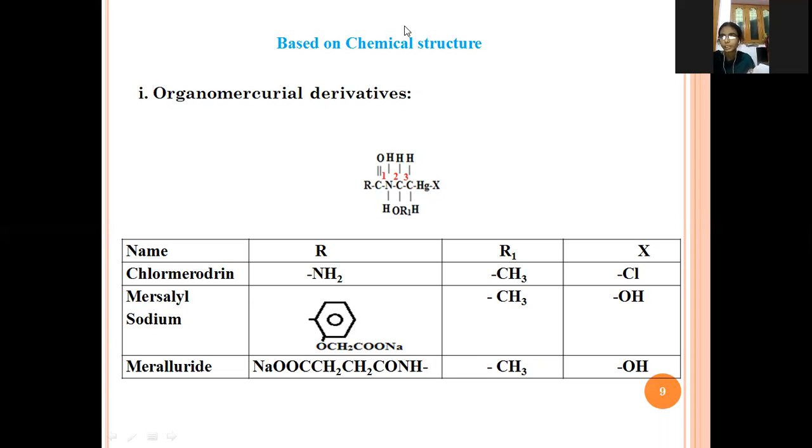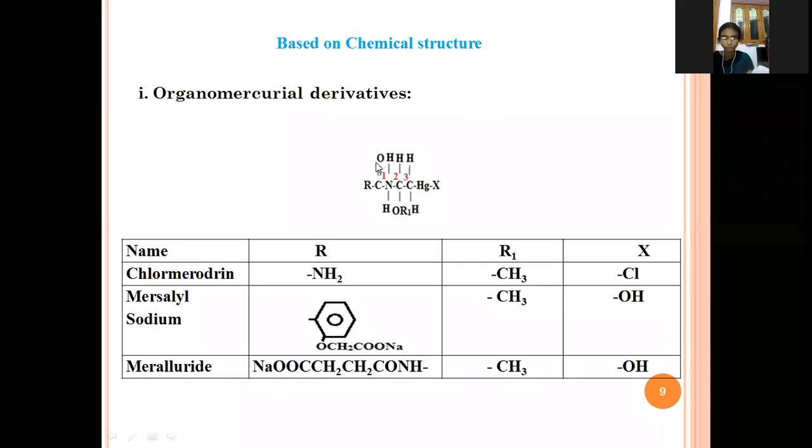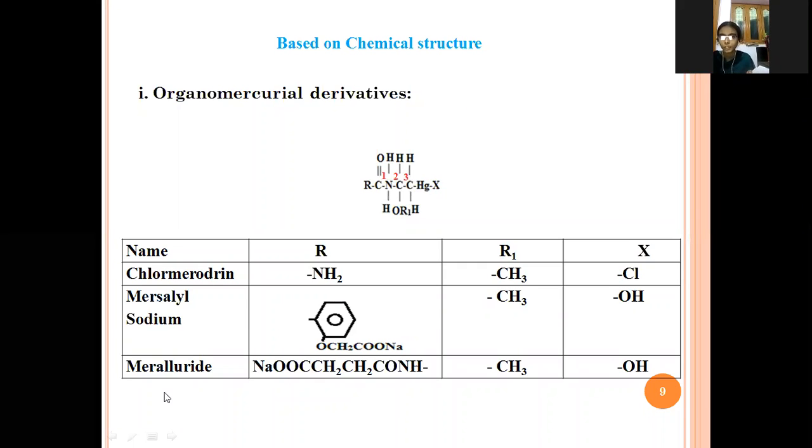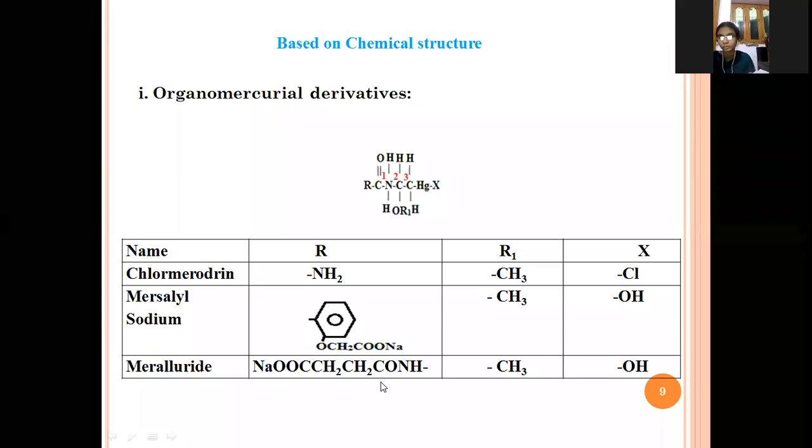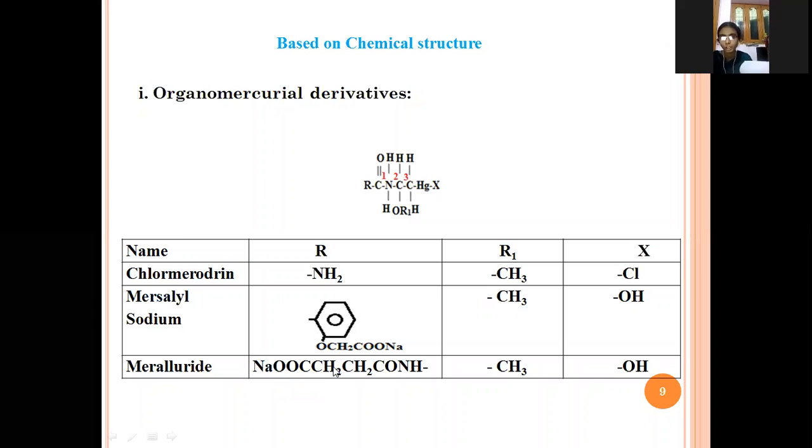So next drug is meralluride. If you see here, the sodium amino oxobutanoic acid is attached at the R position, and in R1 position the methyl group is attached, in X position hydroxy group is attached.